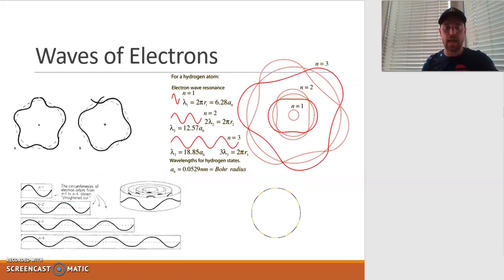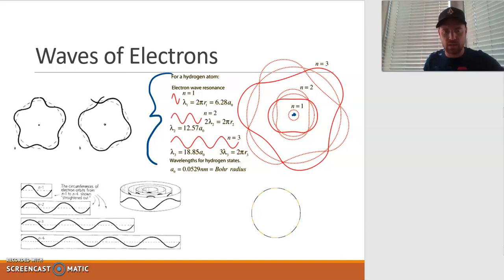So if we take a look at that implication further and further out, this is the nucleus, and this is where we get our energy levels. These are the allowed distances from the nucleus so that the waves will actually end up completing each other. This information right here goes into depth as far as what those distances are. We don't need to know that. Just notice the picture here.